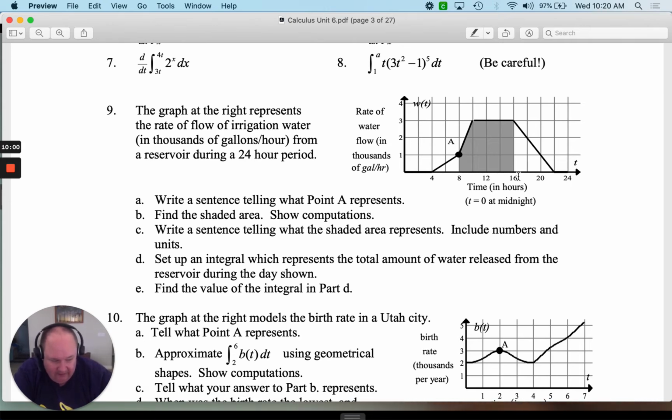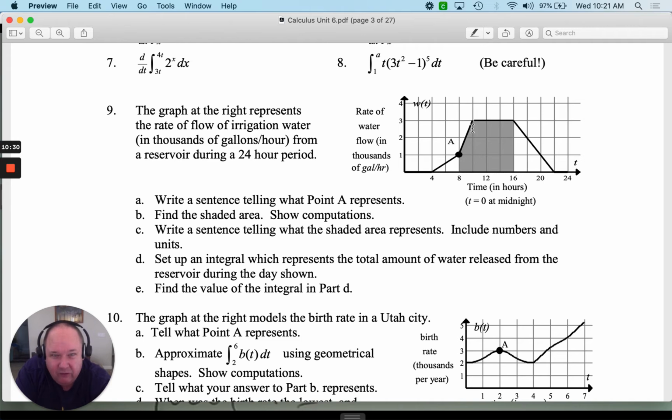That's 18,000. And then I'm going to find the area of one rectangle here. That's 1,000 times 2. The height of that rectangle is 1,000, and the width is 2, so that's 2,000. And then a triangle here. Do you see that triangle? That's half the base times the height.